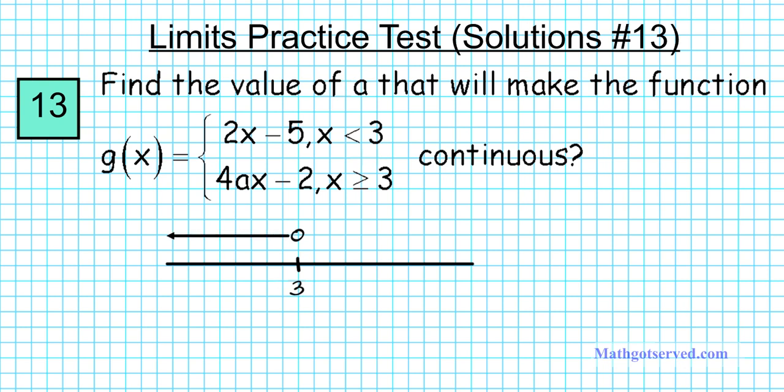So in this interval, x is less than 3, the function under consideration is 2x minus 5. Now, to the right of x equals 3, including the value x equals 3, we have a closed circle and the line going to the right. So for this interval, x is greater than or equal to 3, we have the function 4ax minus 2.